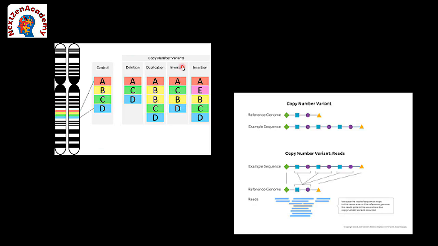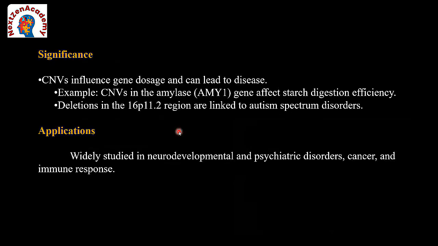A normal genome has two copies of genes, one from each parent. Three copies means duplication, or one copy means it got deleted.